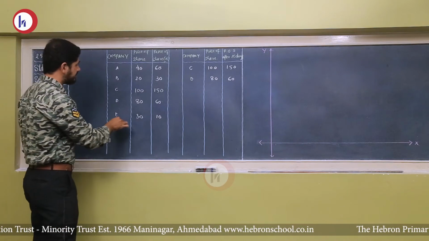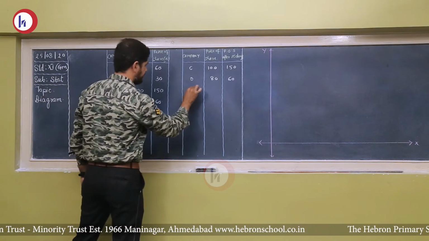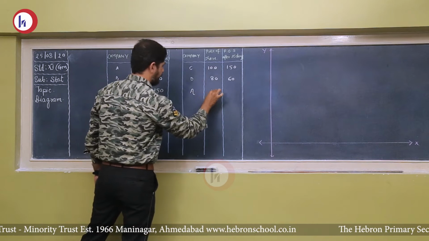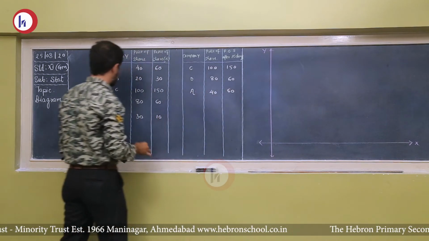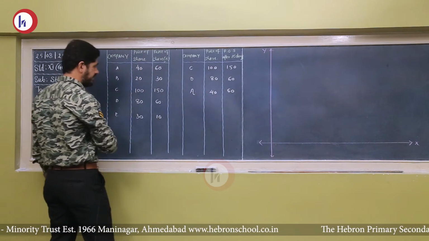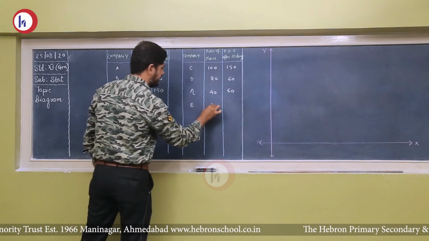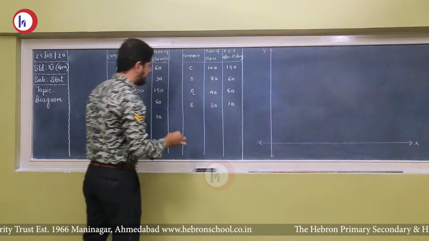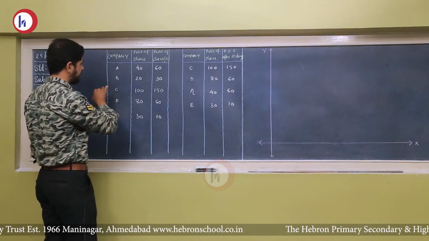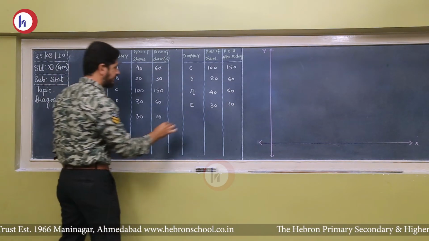Now third one, that is company A, 40, 60, then company E, 30, 10, and finally company B, 20 and 30.